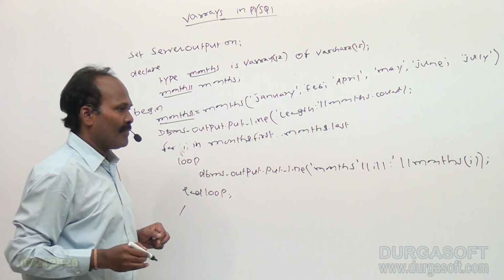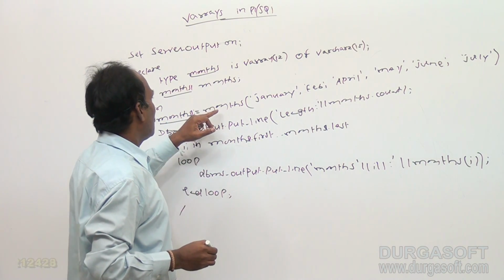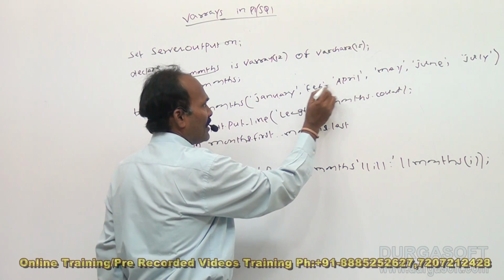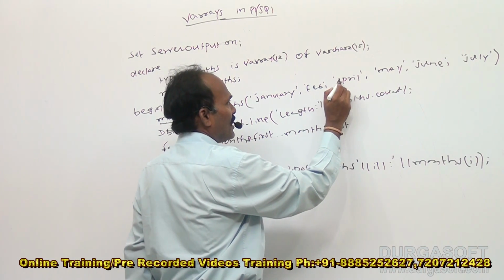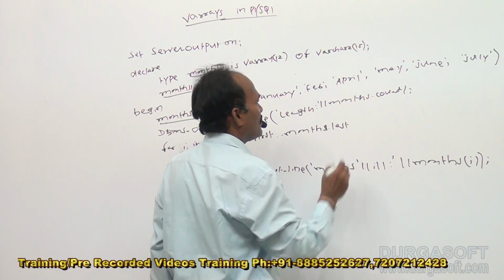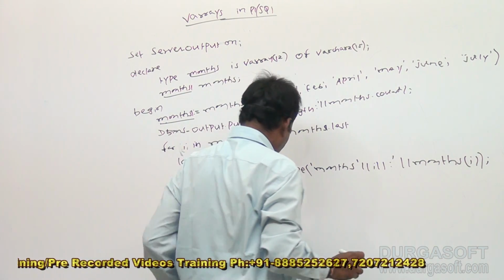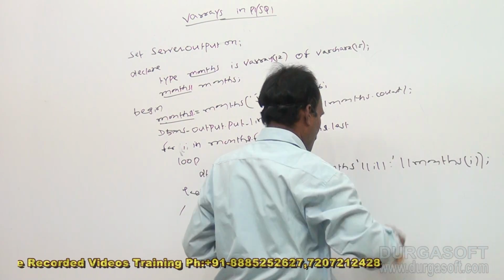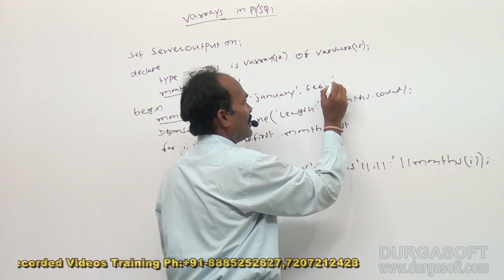Months type. So using the months type, I am assigning January, February, March, and sequentially I am going to store these many months.